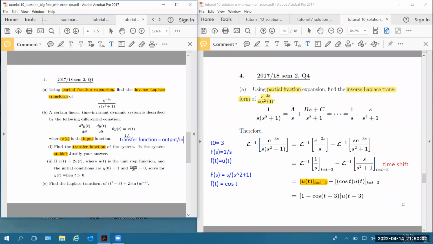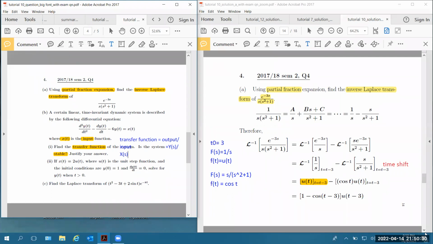So it's output over input. The output there is the y, the input is the x. Because we want the s domain one, this is actually equal to Y(s) over X(s). So this is the transfer function.